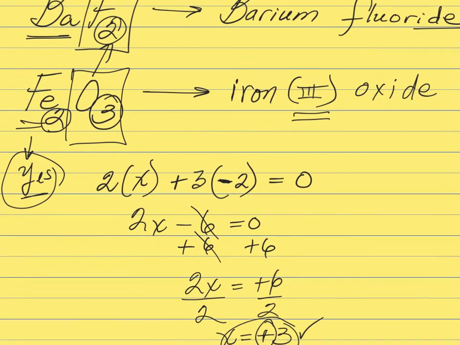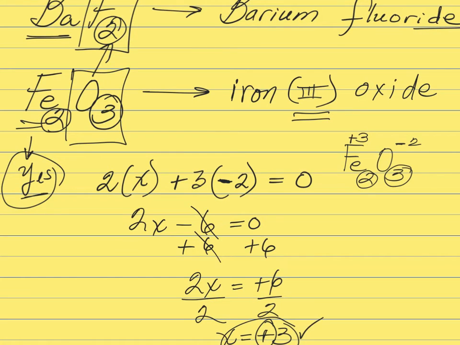Why? Because if you undo your formula, you know that this 2 is coming from negative 2, and you know that this 3 is coming from positive 3. If you undo the formula, you're going to be able to get that.